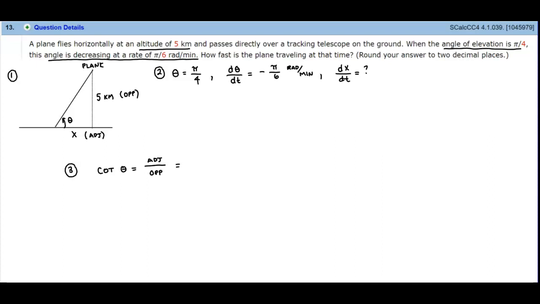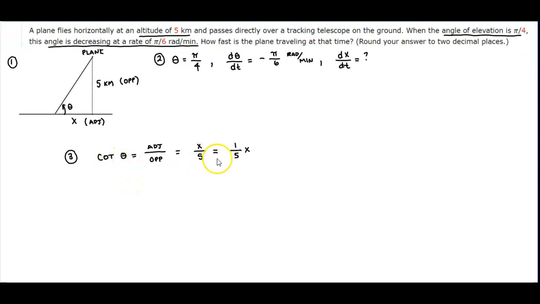The adjacent is x over 5, so we can rewrite this as 1/5 x. So the cotangent of theta is going to equal 1/5 x.